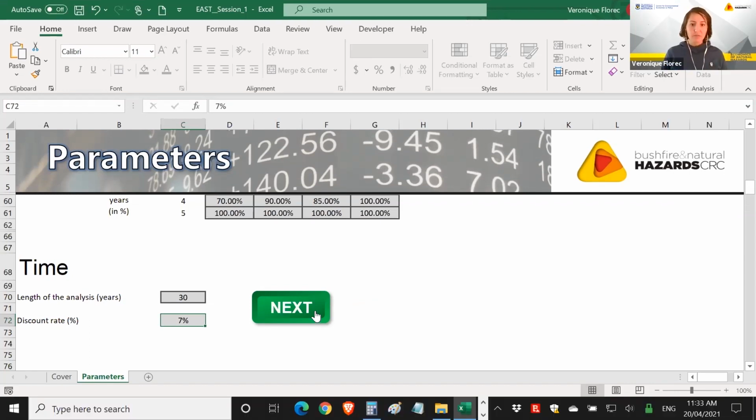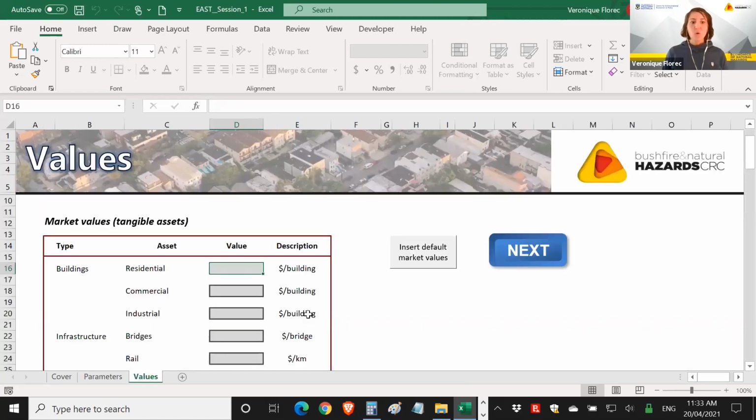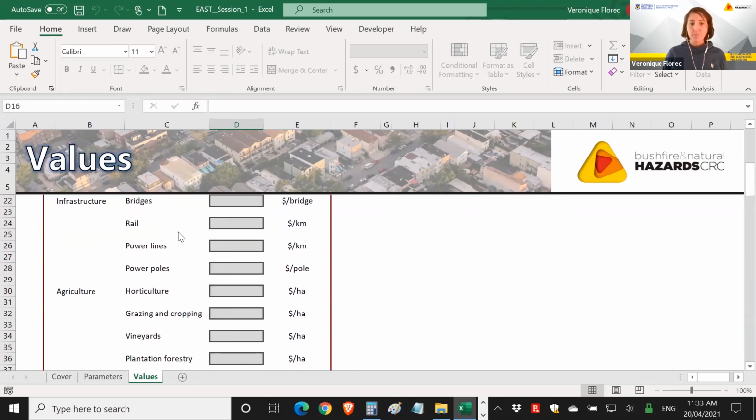So now click on the red green button next. And this opens the values sheet. Here is where we're going to insert the value of each of the assets that are at risk. What we call the market values are the tangible assets.